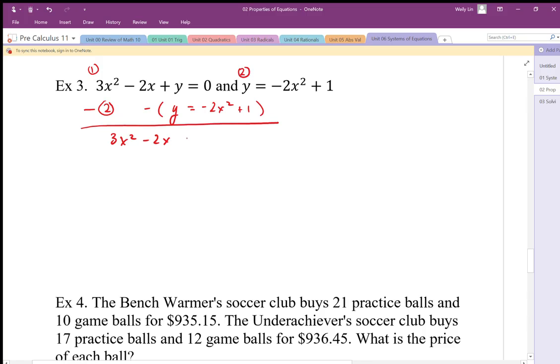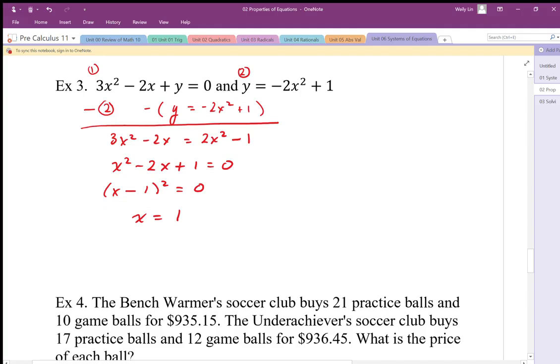Y minus y is 0. 0 minus 2x squared is positive 2x squared. 0 minus 1 is negative 1. Okay, so what ends up happening is I do end up with a quadratic in terms of x, but I do know how to solve quadratic equations. So I'm going to subtract 2x squared from both sides. I'm going to add 1 to both sides. This one is easy enough to factor. Okay, so x equals 1.